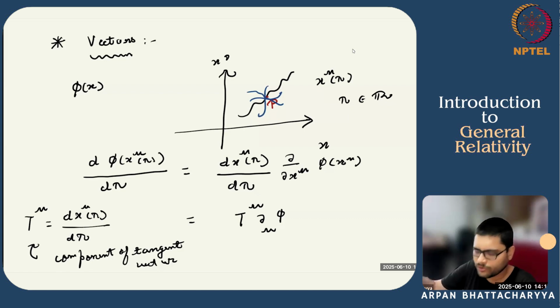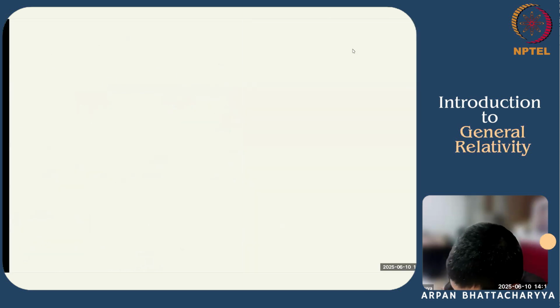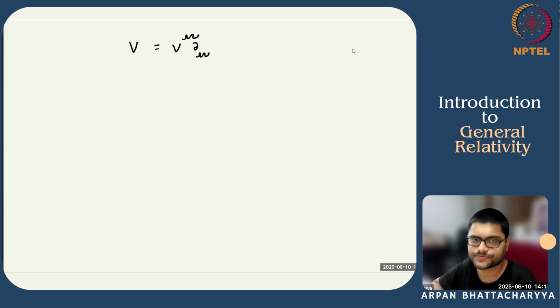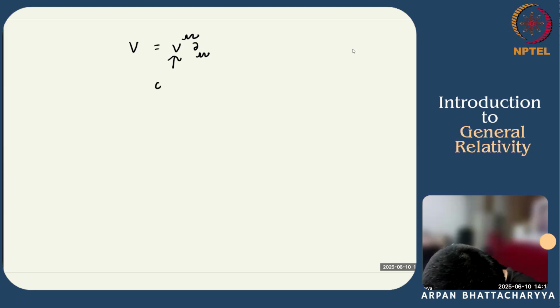And we know that is nothing but the tangent space. The elements of that vector space are denoted by V, which have components V mu and a basis vector del mu. The component and the basis.